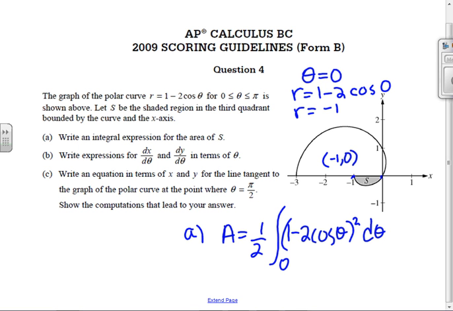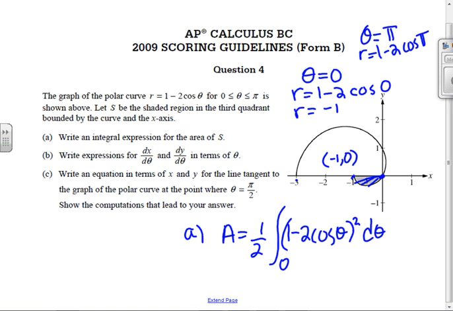And then we're going to start out with angle theta being 0. We're going to start here, and we're going to sweep this out. Question is, where is that? So let's try theta equal to pi. When theta is pi, r is equal to 1 minus 2 cosine of pi.